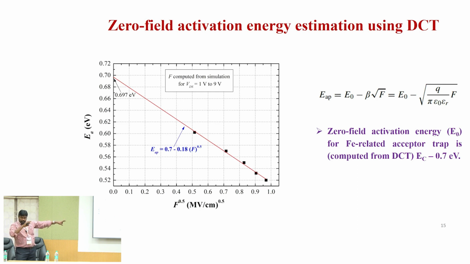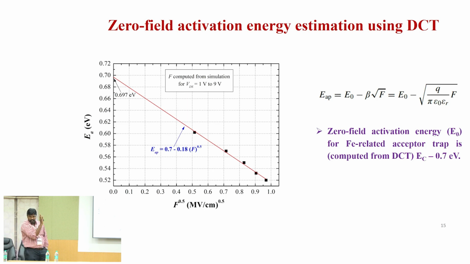For a particular drain voltage, for example 5 volts, we plotted the electric field and the apparent activation energy, considering 5 combinations as VD increases from 1 to 5. Then you make a linear fit according to the expression.